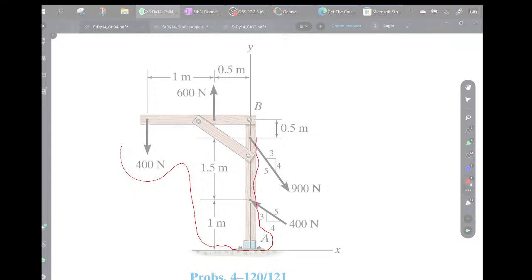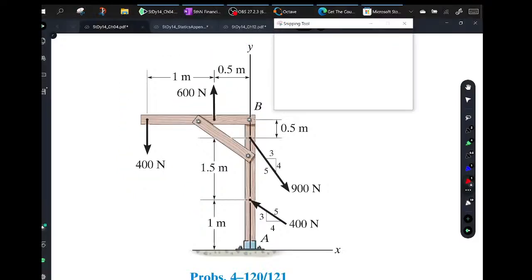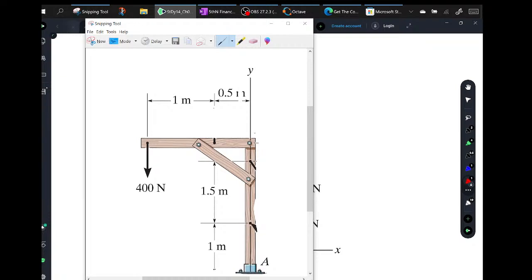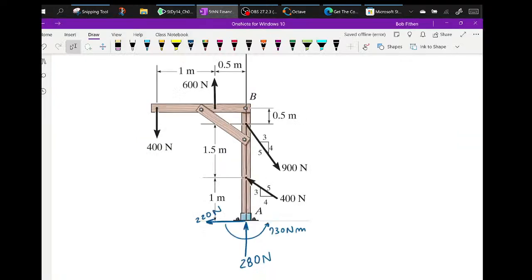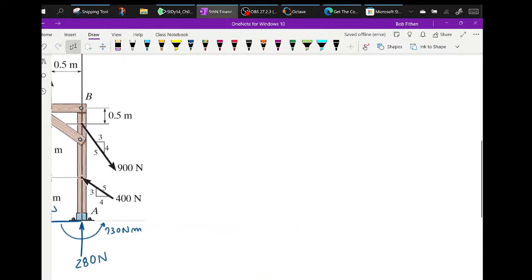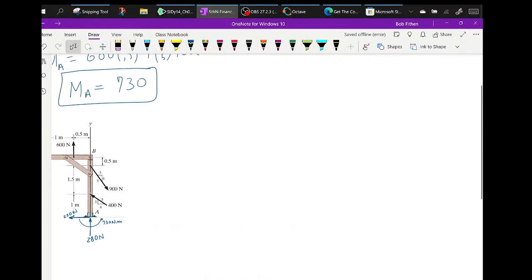I've goofed up several times here. Oh, I forgot to clip that off. That's good enough. I'm not going to go back and clip it again. I can clip it on the diagram I have here.